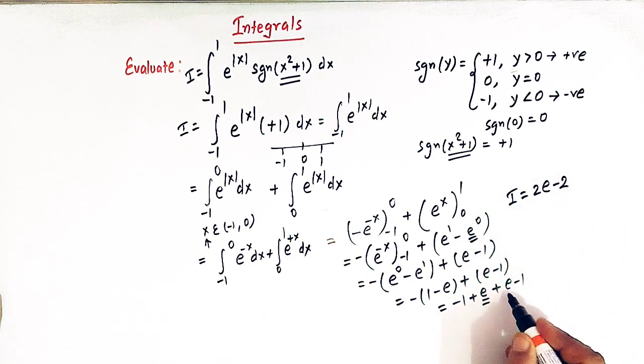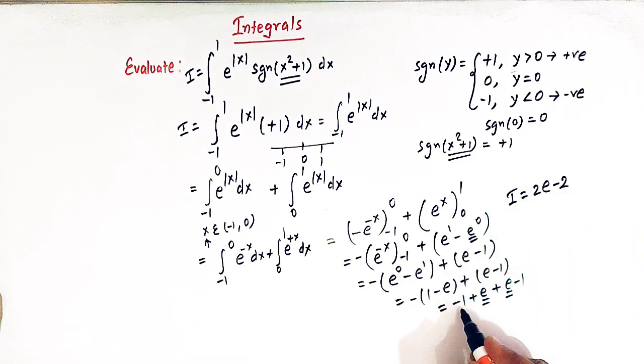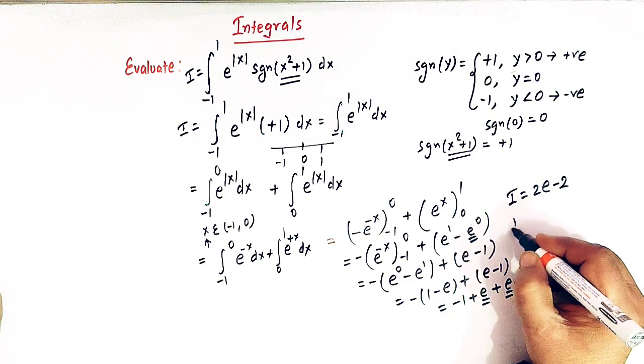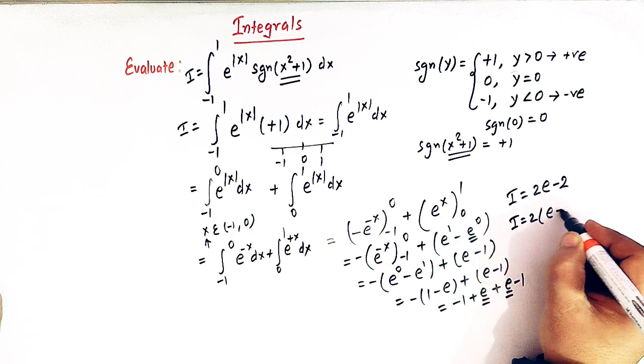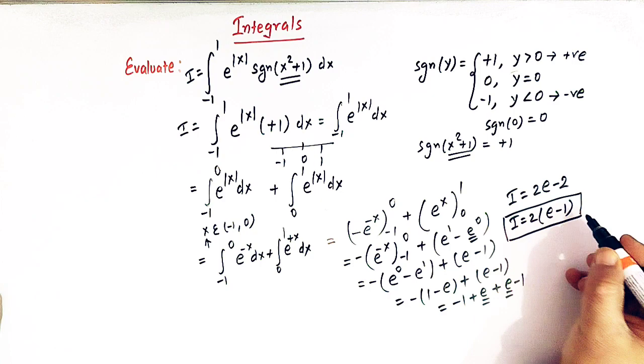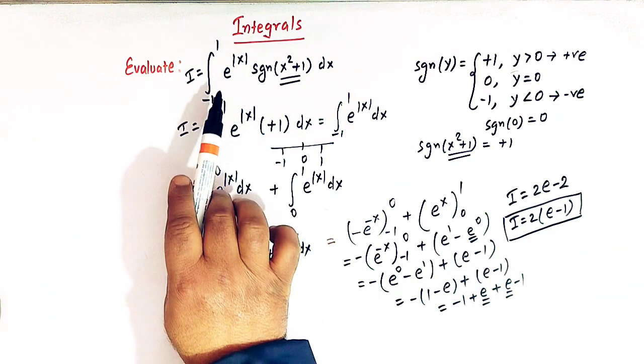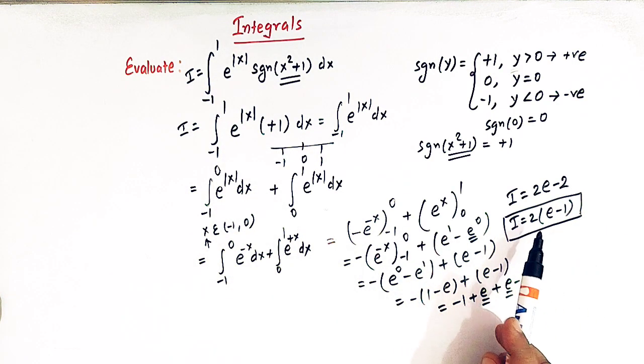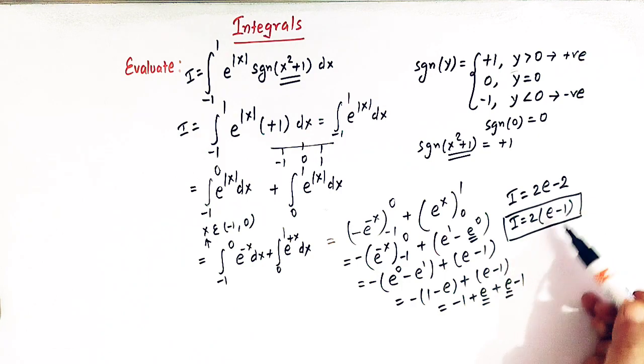So e plus e is 2e, minus 1 minus 1 is minus 2. So I is 2 times (e minus 1), where e is the exponential number. So viewers, the value of this integral is equal to 2 times (e minus 1).